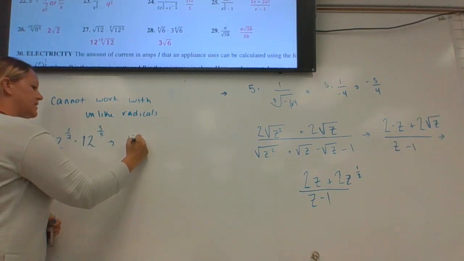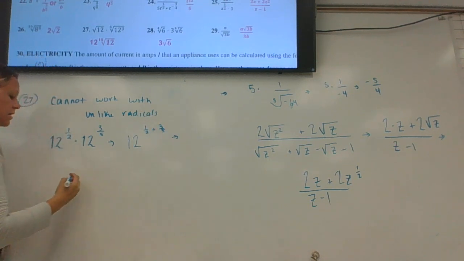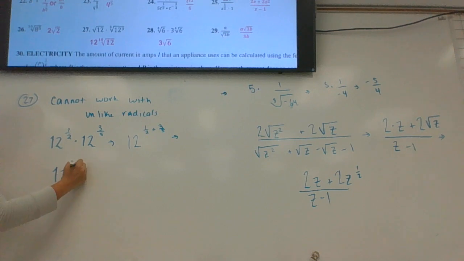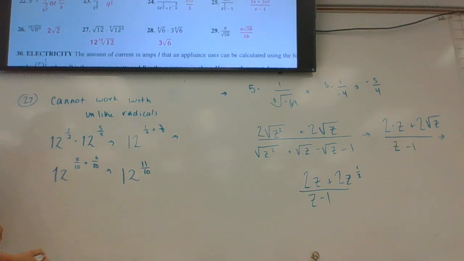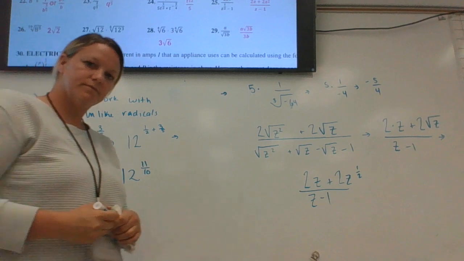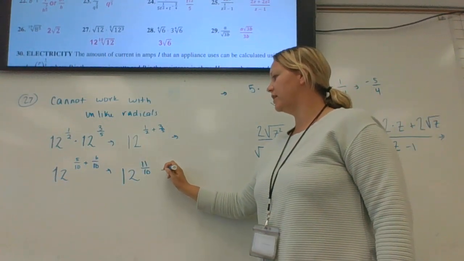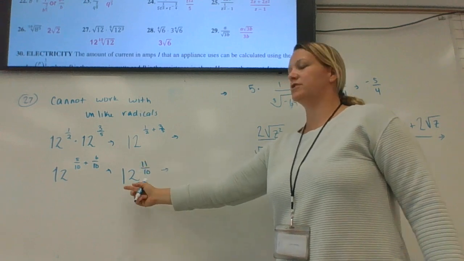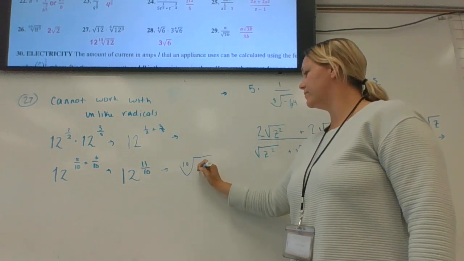So I have to add these. So I need a common denominator. It would be 10. And now that it's a common denominator, and I have this simplified just to one base, now I can think about the radical form.